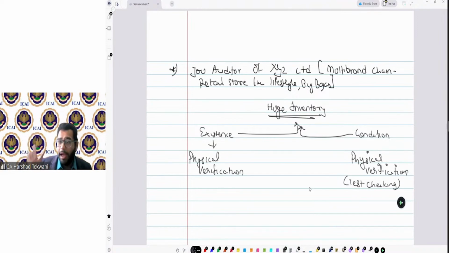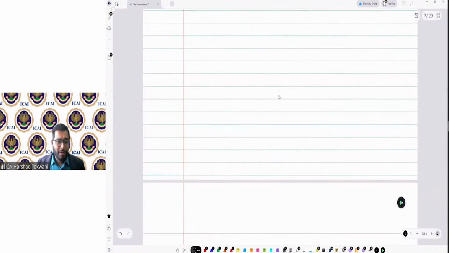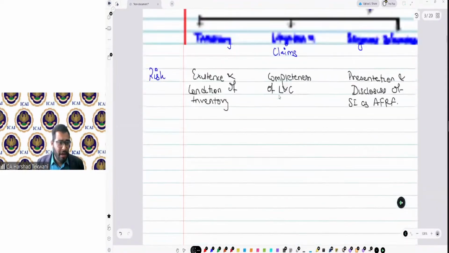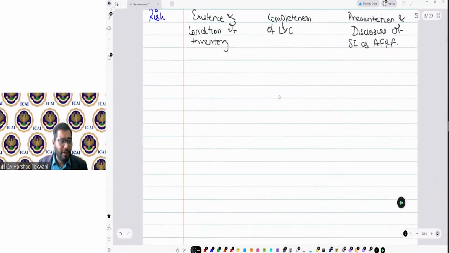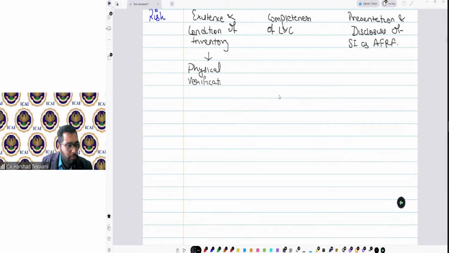So one of the areas that the standard wants me to take care of is the existence and condition of the inventory. For that, what I need to do is physical verification of inventory.